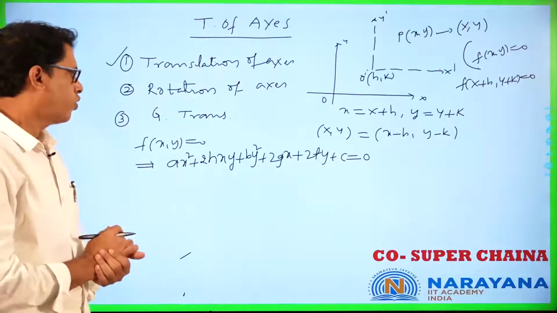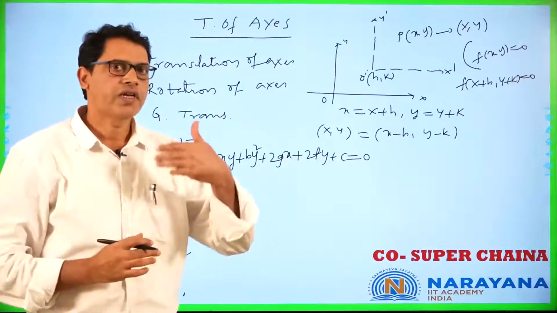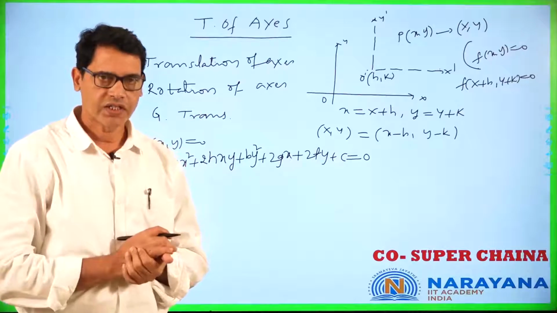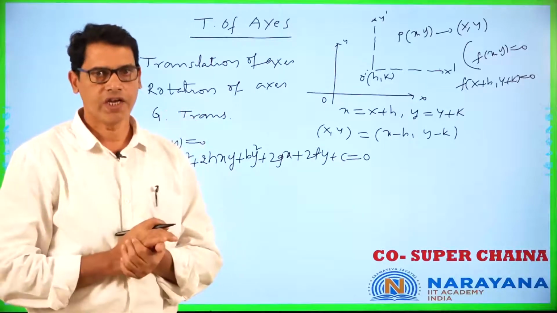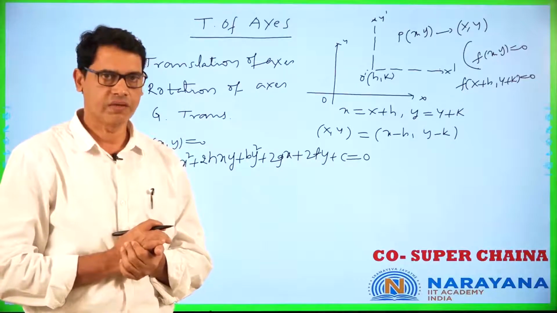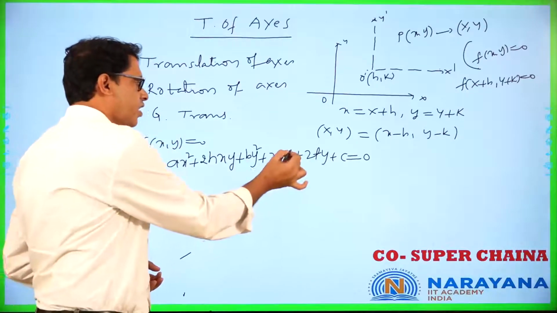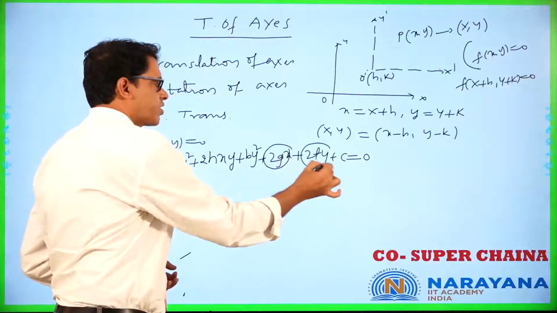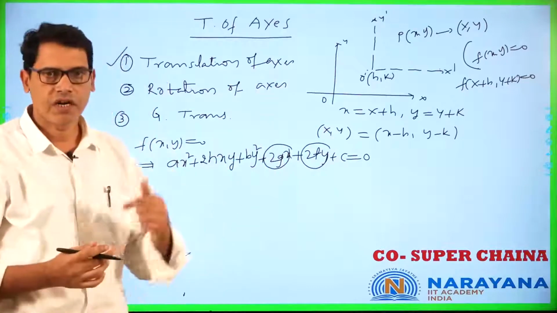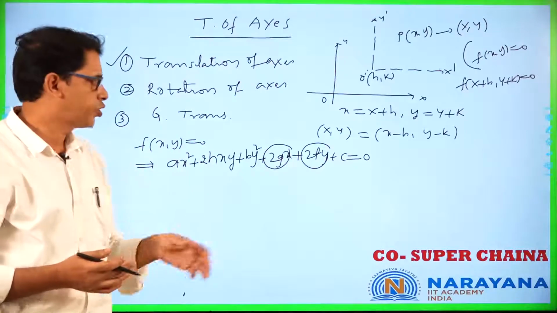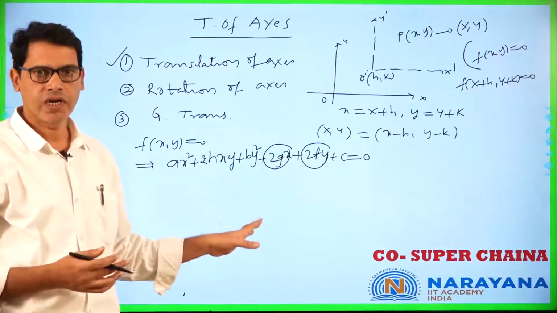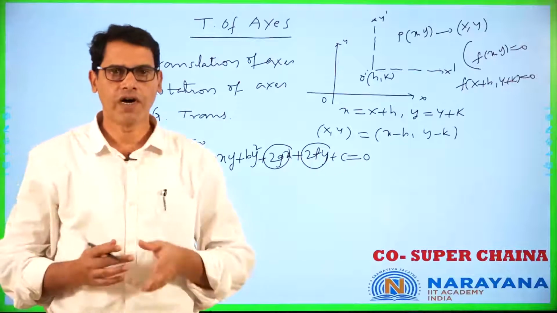Now, after the translation, I need to eliminate the first degree terms. First degree terms means I need to eliminate the x term and y term. That means in the transformed equation, it should not contain x term and y term.